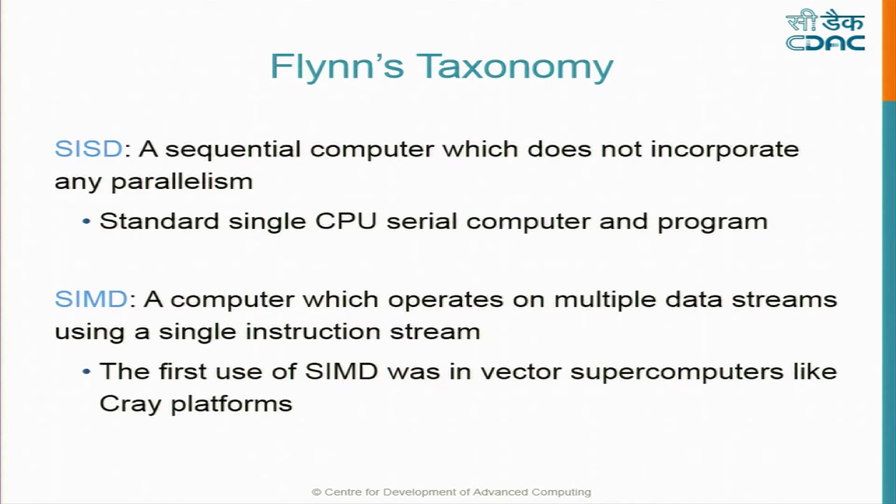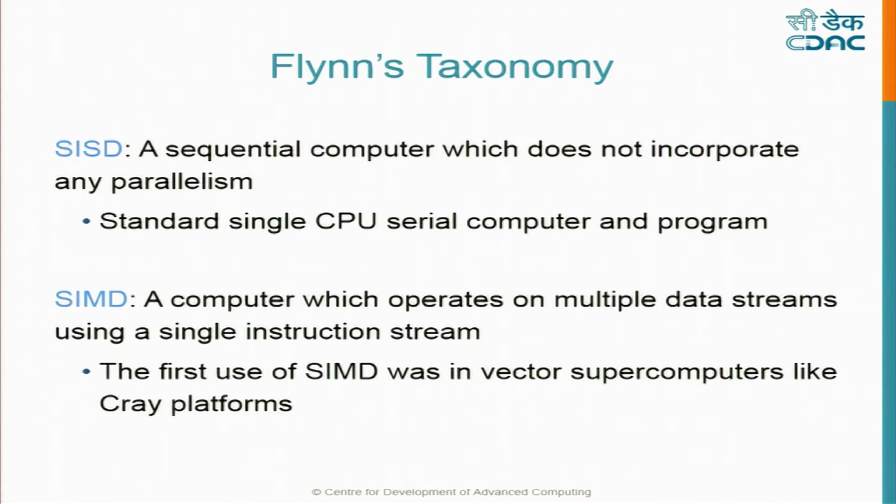What are we doing here? The instruction is the same. What is it? Make it 0, but the data is multiple. So in parallel you are working on 4 sets of data. That is a typical thing called SIMD. This is being used now, I will tell more about it later. This is called vector computers, like Cray, the first Cray that was made, it used this vector processing.